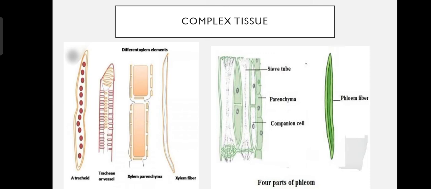And the function of phloem is that it transports the food from leaves to the whole part of the plant. So in xylem, 3 cells are dead, 1 is living, and in phloem 3 cells are living and 1 is dead. This is about the parts of phloem and xylem, their structure and their function.